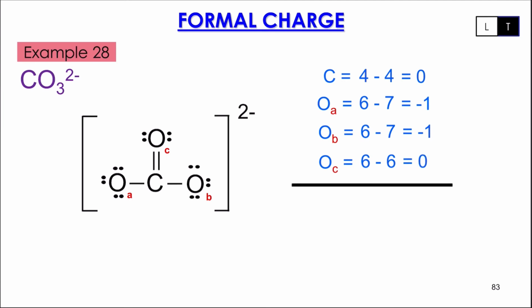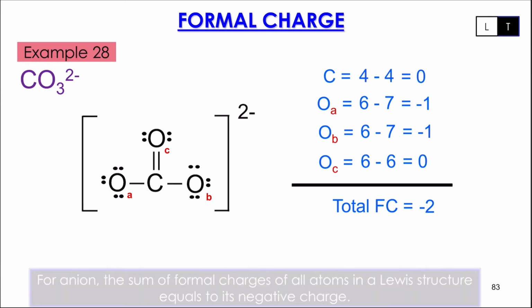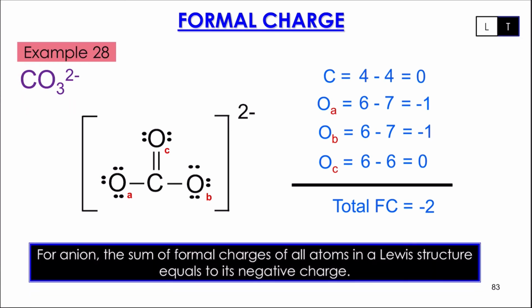So when I want to total up everything, the total formal charge should be 0 plus -1 plus -1 plus 0. I will have -2. So this one is proven. Same with the total charge for this polyatomic ion, -2. So untuk anion, the sum of formal charges of all atoms in this Lewis structure should be equal to its negative charge.